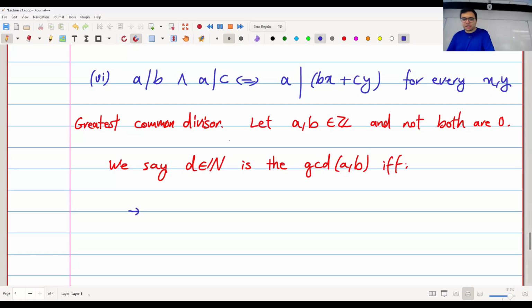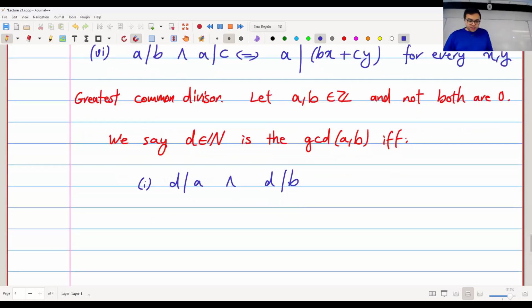Well, the first condition is that, of course, I want D to be a divisor of both A and B. So my first condition is that D divides A and D divides B. And it's in the name, it's a common divisor, right? But I want it to also be the greatest common divisor.